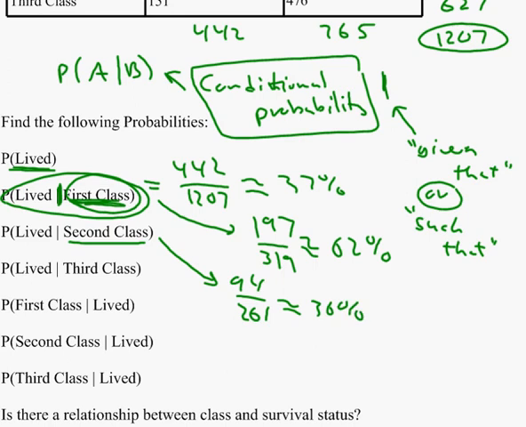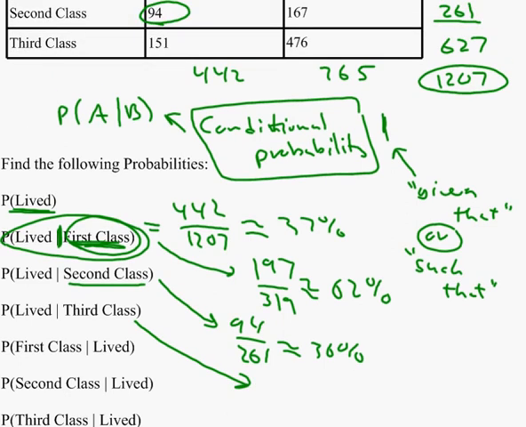And then here's the most alarming one of the three. What's the probability you lived if you were a third-class passenger? Well, 151 third-class passengers lived, but there were 627 of them, which gives about 24%. Okay.